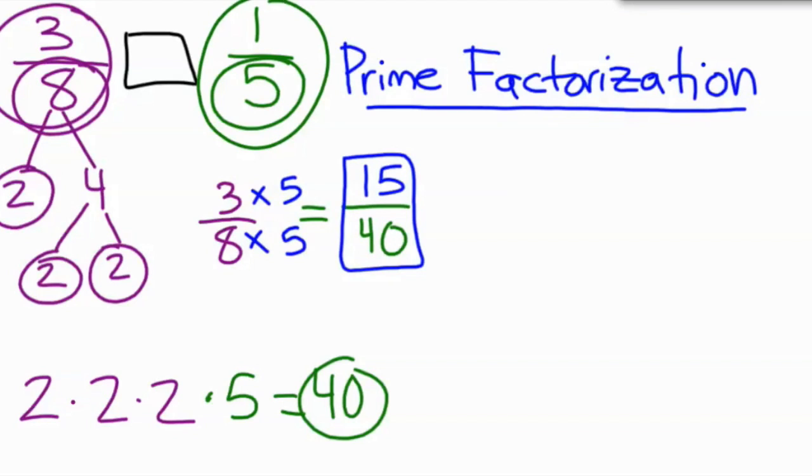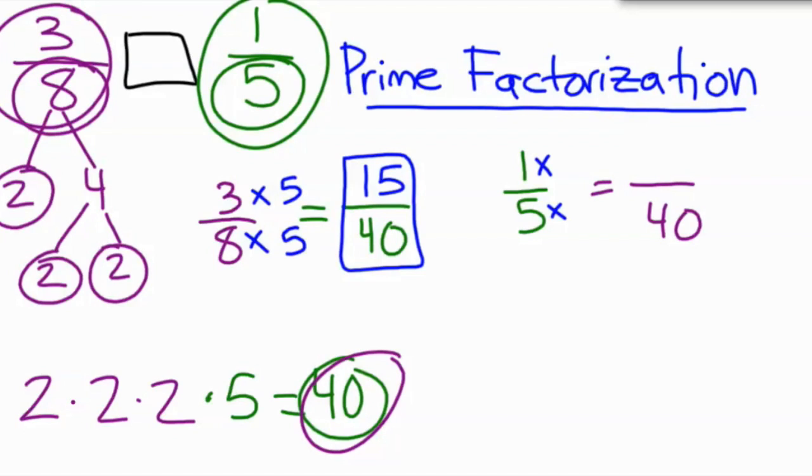Now let's take our second fraction, 1/5. And again, we want to multiply the numerator and the denominator by some number to get a fraction with a denominator of 40. We ask ourselves, 5 times what is 40? We know 5 times 8 is 40. And if we multiply the denominator by 8, we multiply the numerator by 8. So we get 8/40. So 8/40 is equivalent to 1/5.